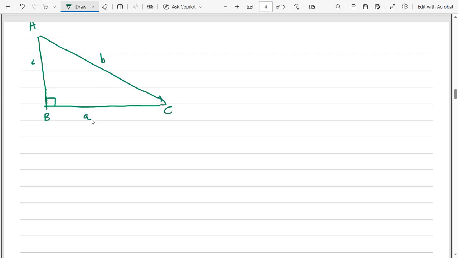From this, let's say this side a is given as 16.5 centimeters, this angle is 16 degrees, and then let's calculate.